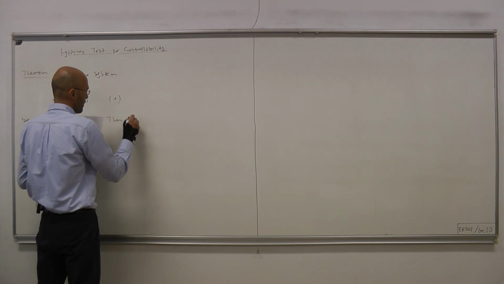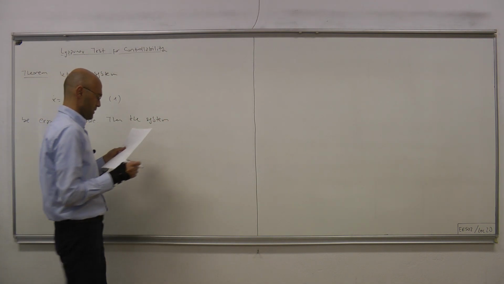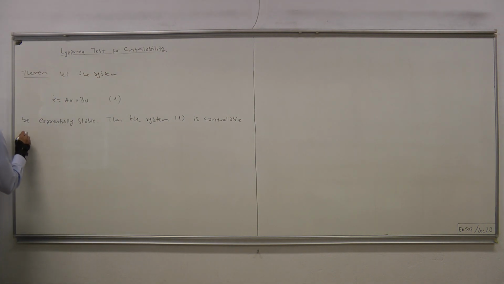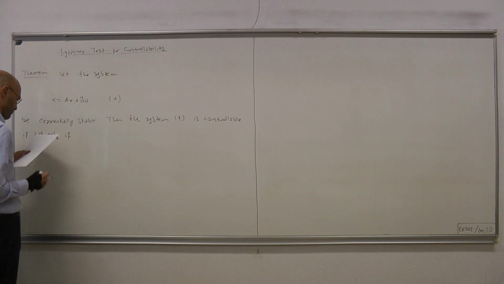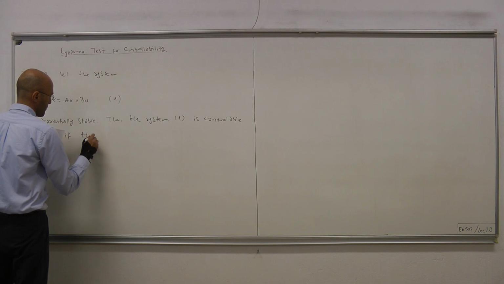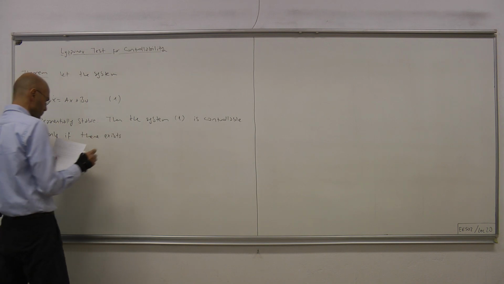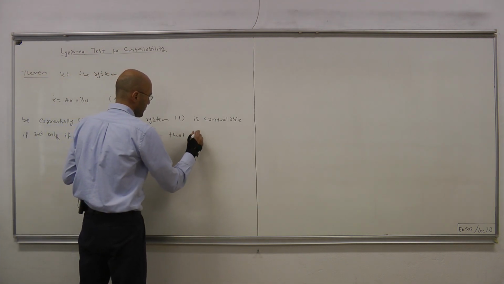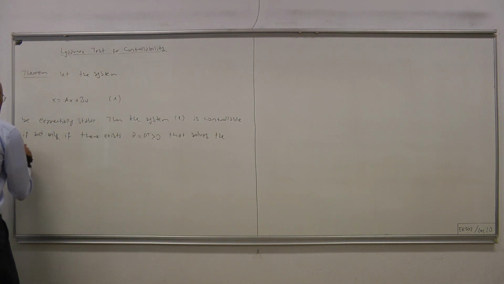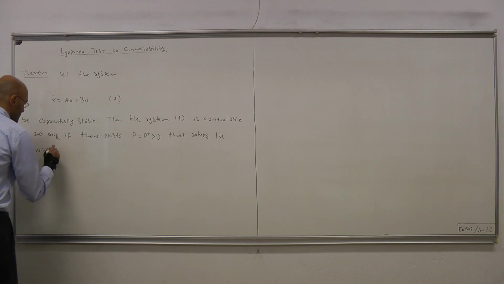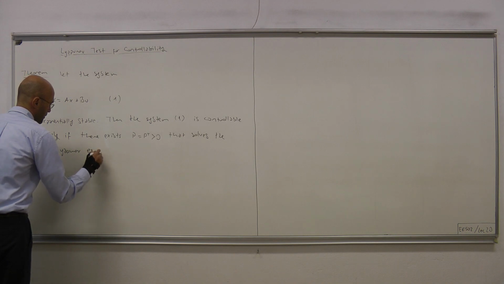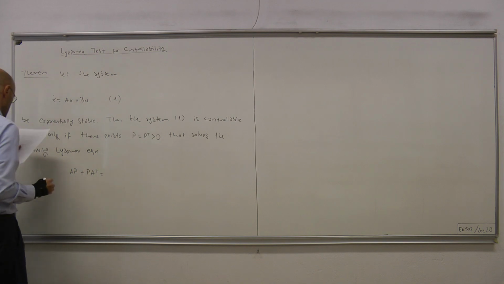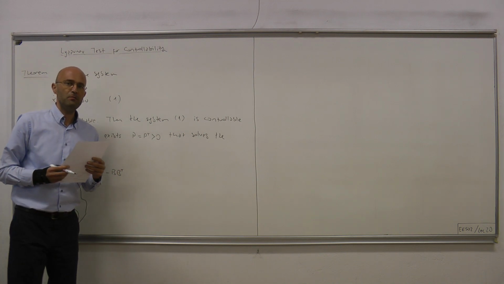Then this system is controllable if and only if we can find a symmetric positive definite matrix P that solves the following Lyapunov equation: AP plus PA transpose equals minus BB transpose.